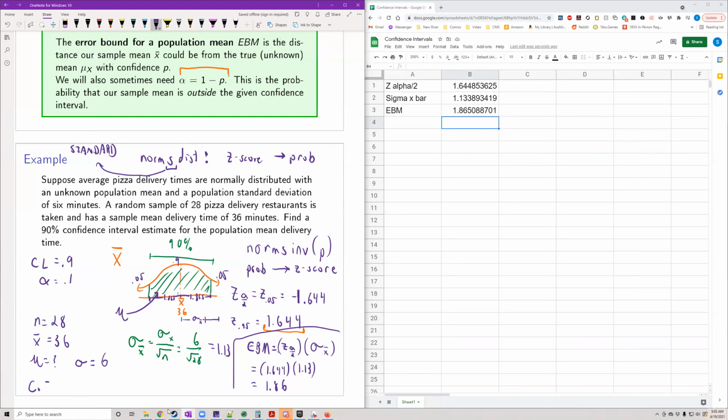Therefore, the confidence interval is equal to our calculated mean minus the EBM as the lower bound and the calculated mean plus the EBM as the upper bound. So that will be 36 minus 1.86, 36 plus 1.86, which would be 37.86. Whoops, that will be the upper. The lower would end up being 34.14.